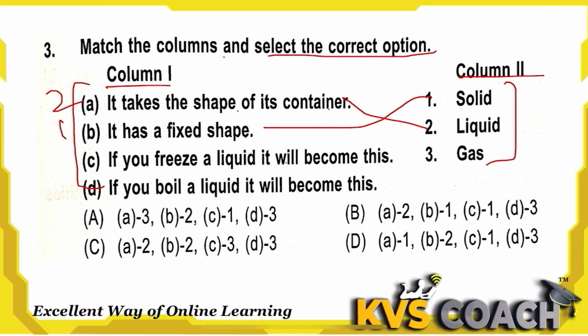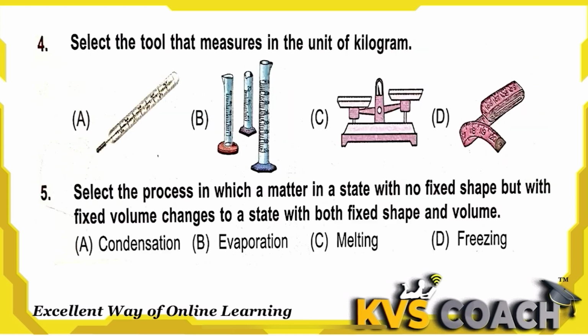If you freeze a liquid, it will become solid, as I already gave you as an example in shapes of matter. If you boil a liquid, meaning increasing the temperature, it changes into the gaseous state, so D is 3. So 2, 1, 1, 3, it's B. Option B is the right answer here.